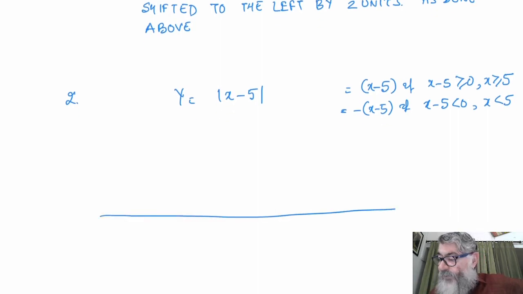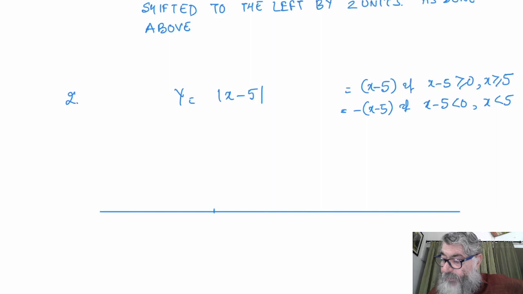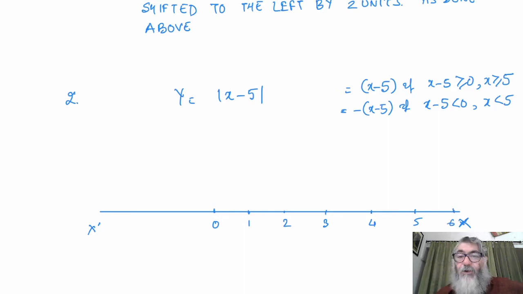So what we can do is take the x-axis and plot 1, 2, 3, 4, 5 and 6. Now the critical point is 5.